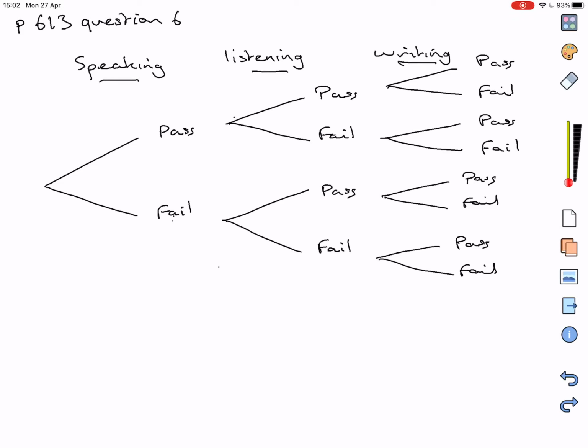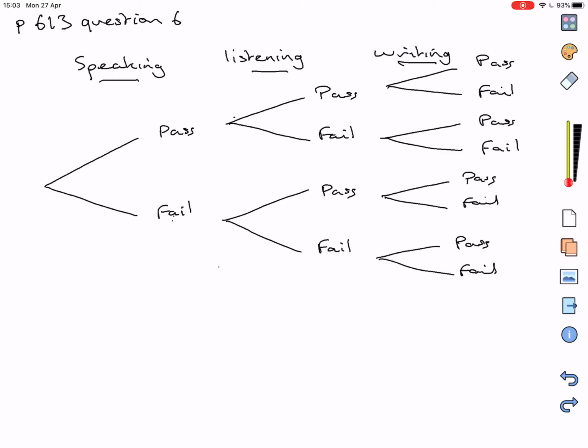So those are the 3 different sections of our tree diagram. And it's saying that we're going to look at the probability of him passing or failing each one. So we come to the start of the tree on the left hand side. It's his speaking event. His speaking exam is the first event. He could either pass that or fail that.